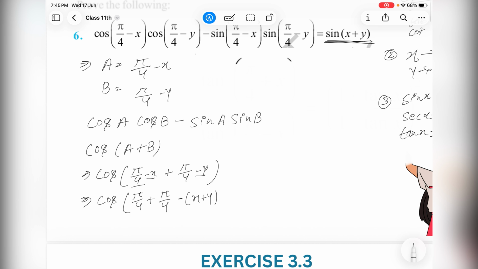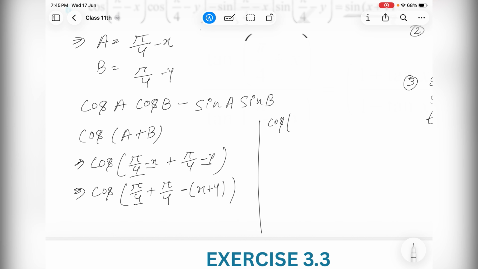Taking LCM 4, it will be 2 pi by 4 minus (x plus y). Now cancelling, we get cos of pi/2 minus theta, where theta is x plus y.